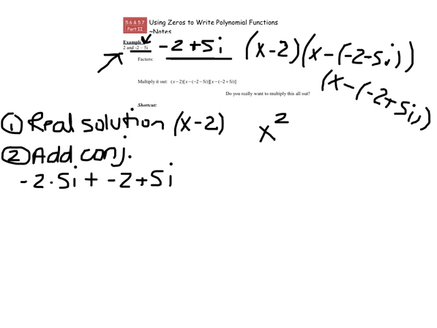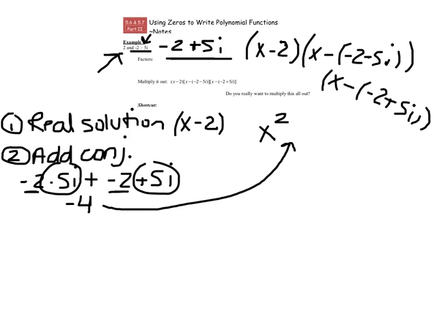If we go ahead and add here, -2 minus 2 is -4, and then -5i plus 5i is just 0. So this is going to be our x term. Now the first piece here, you're going to switch the sign. So I'm going to write that down just so you remember: switch sign. So if we have -4, this is going to be plus 4x. And then the third step is to multiply the conjugates.